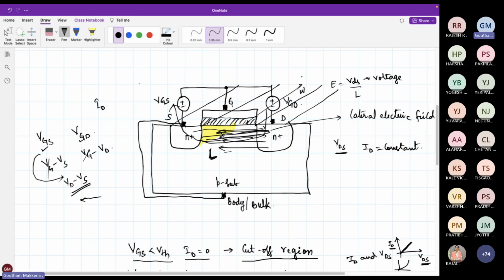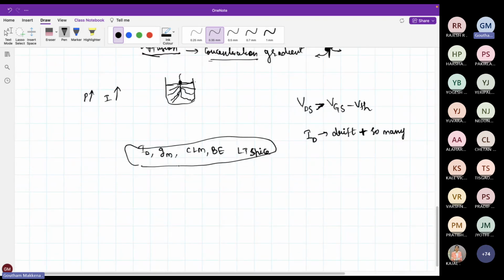So from that, gm and gmb, if I introduce these two terms, I can go to the small signal model of the MOSFET as well. Maybe I'll put it for session 3. So small signal model and then single stage amplifiers we can go. So that is for session 3.